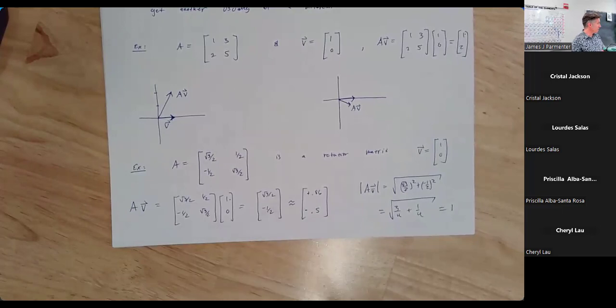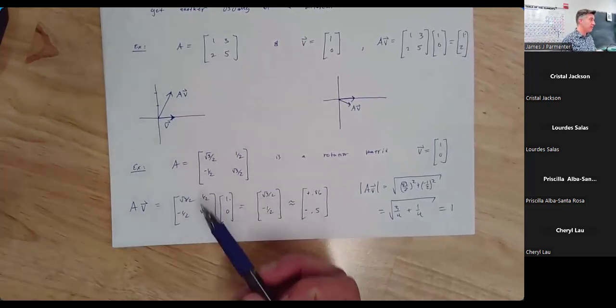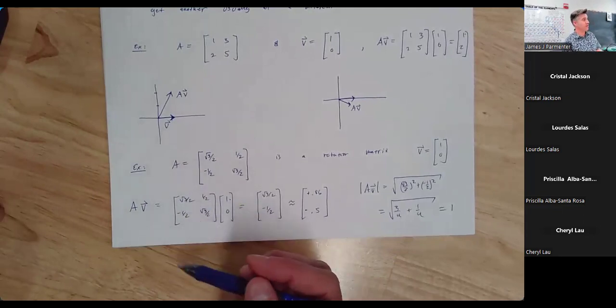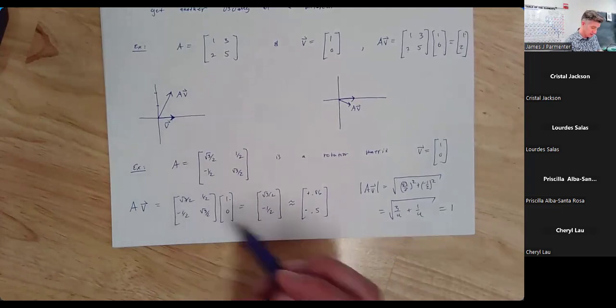This is an example of a rotation matrix. You might notice that these values look like the values you get when you take cosines and sines of a certain angle. And it is.